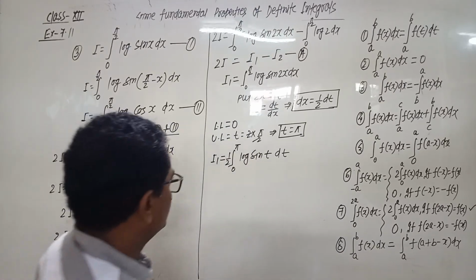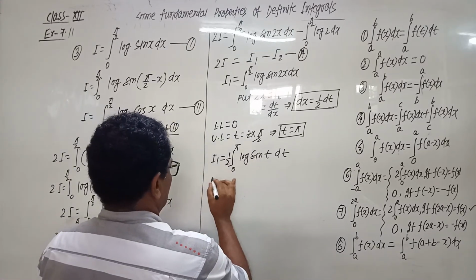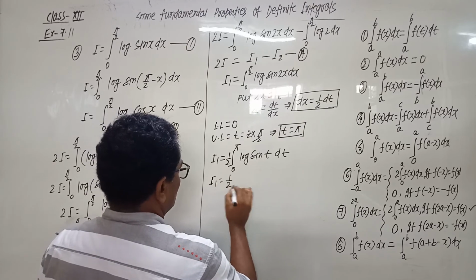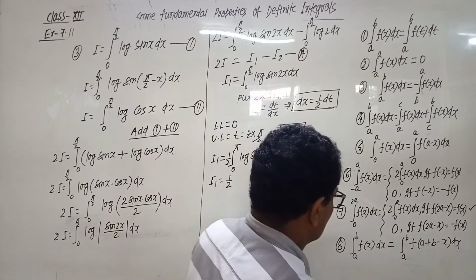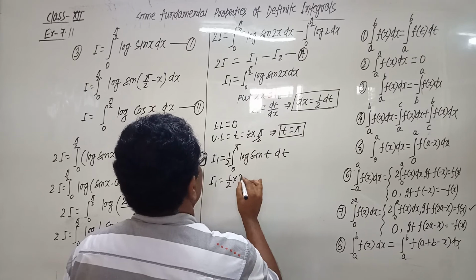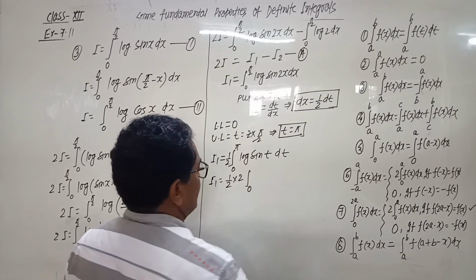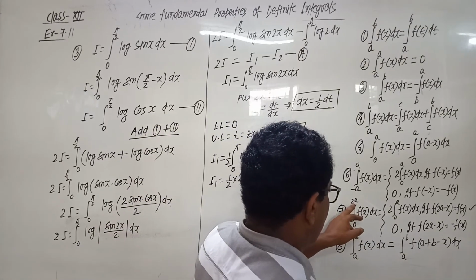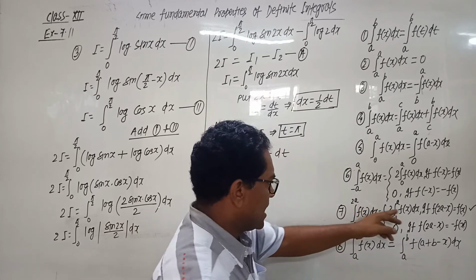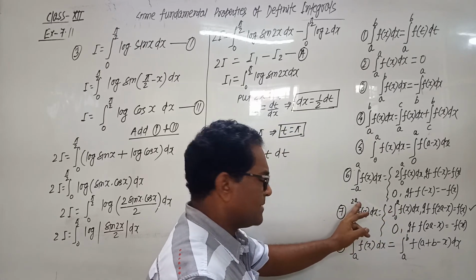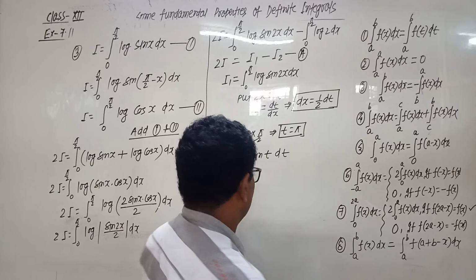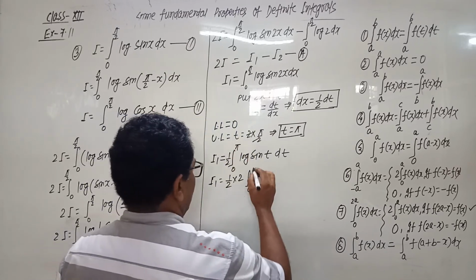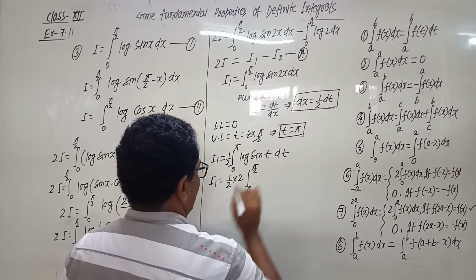So we write I1 equals 1 by 2, multiplied by 2 outside, and in the upper limit divided by 2. 2a divided by 2 comes a, so the upper limit becomes pi by 2.